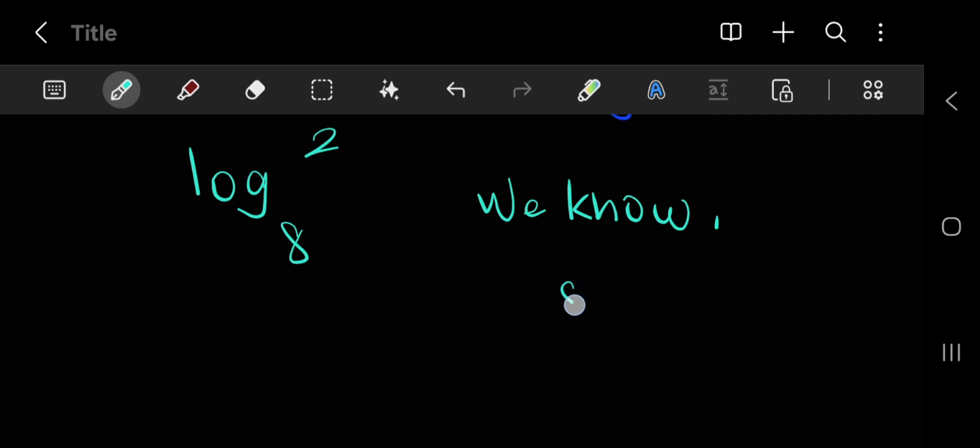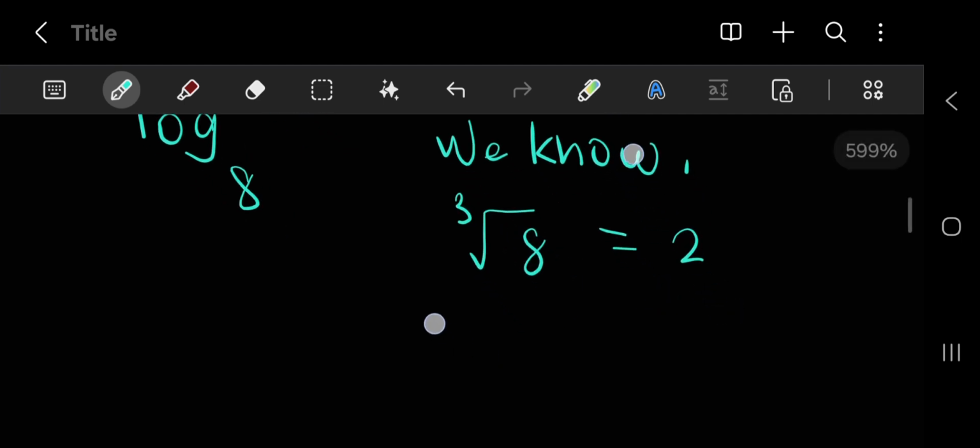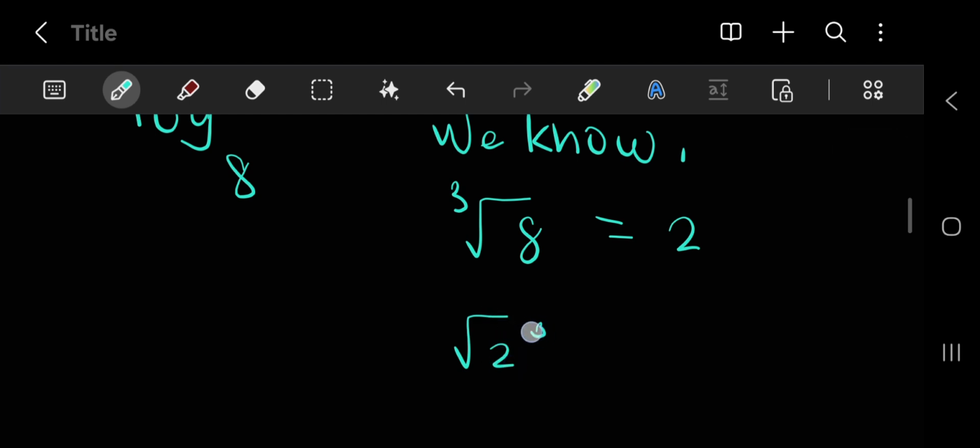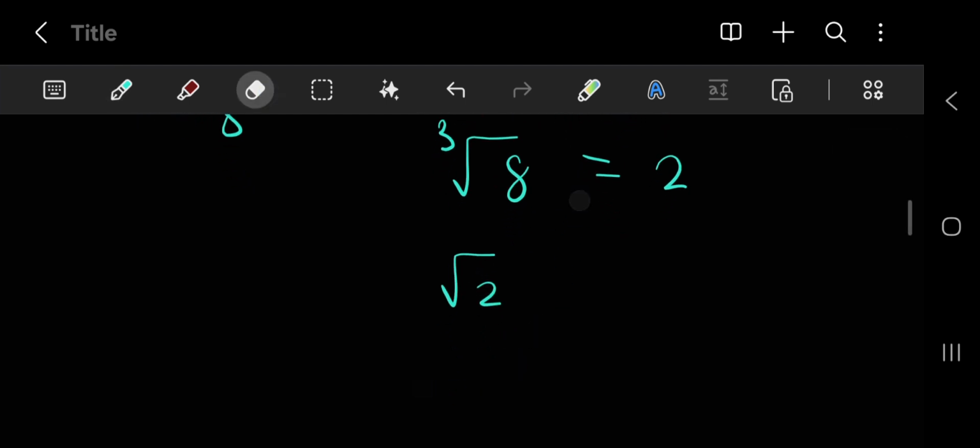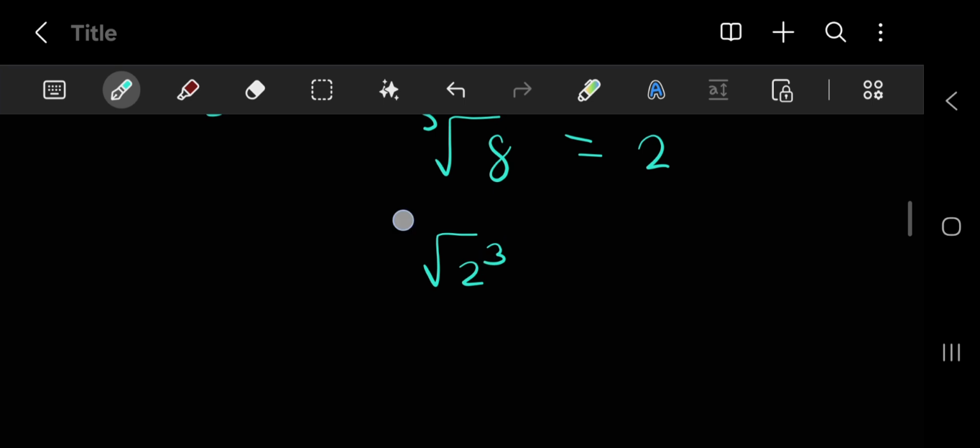We know that the cube root of 8 is equal to 2, because 8 is nothing but 2 cube. So the cube root of 2 cube is nothing but 2. And I also know that the nth root of a is equal to a power 1 by n.